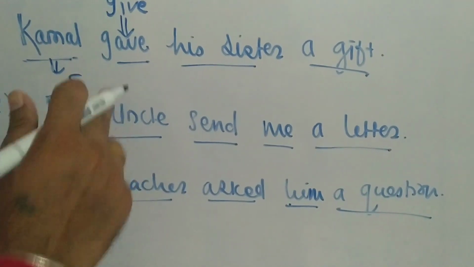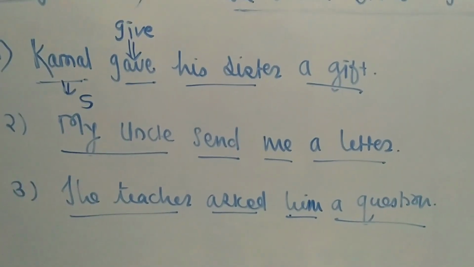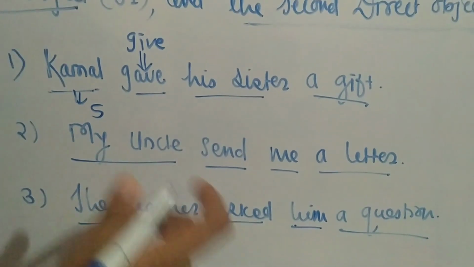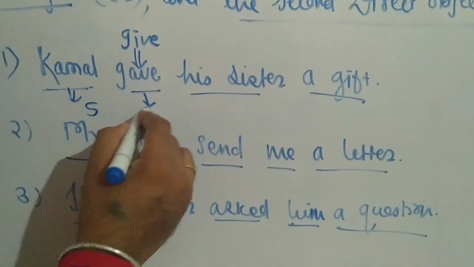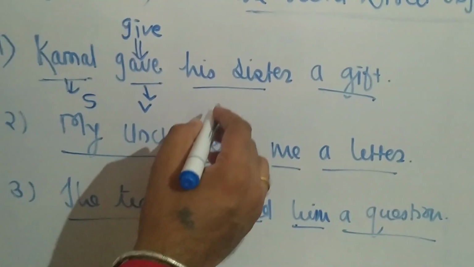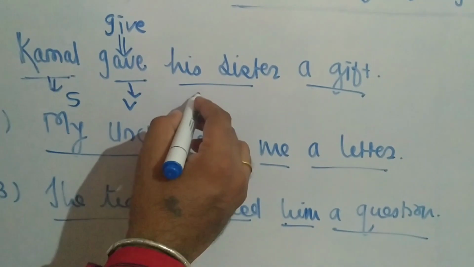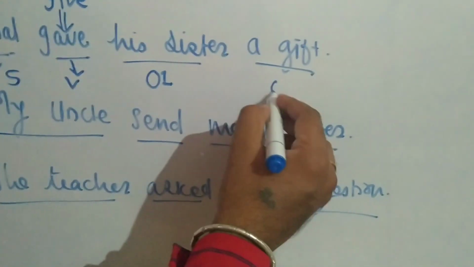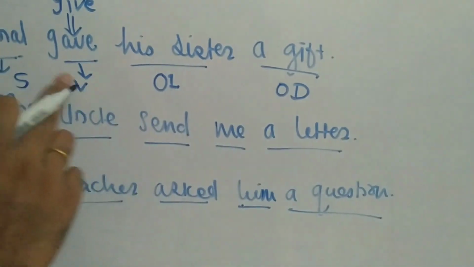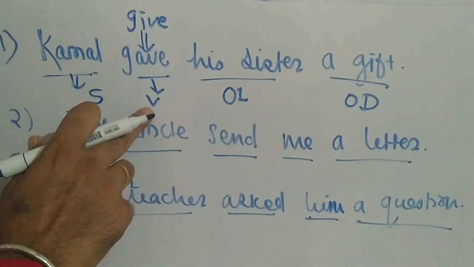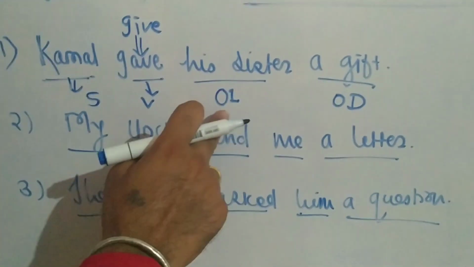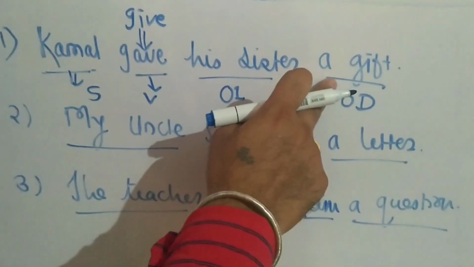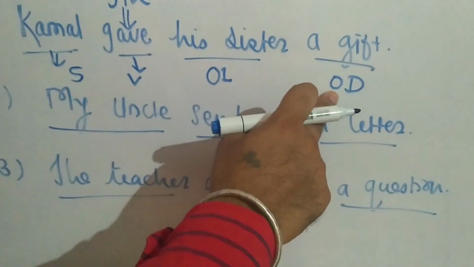Gave we use in the simple past tense. It is the verb. This one is the indirect object and this one is the direct object. Means Kamal is the subject, gave is the verb, his sister is the indirect object, a gift is the direct object.